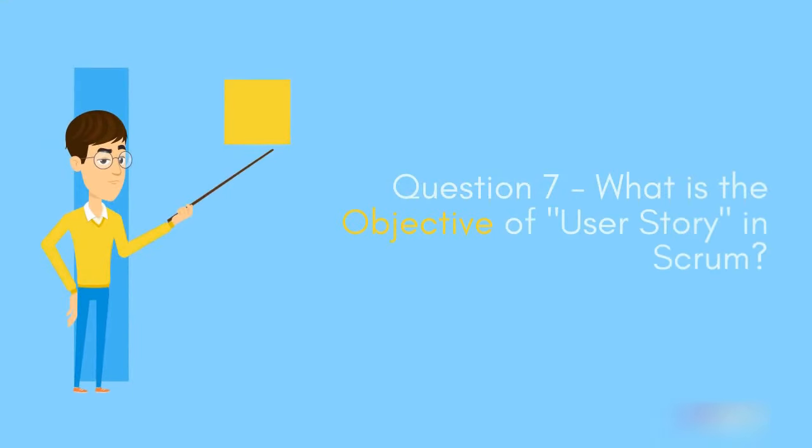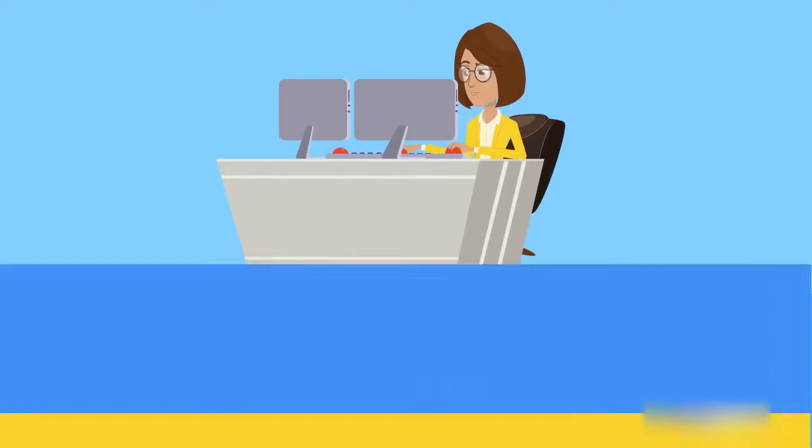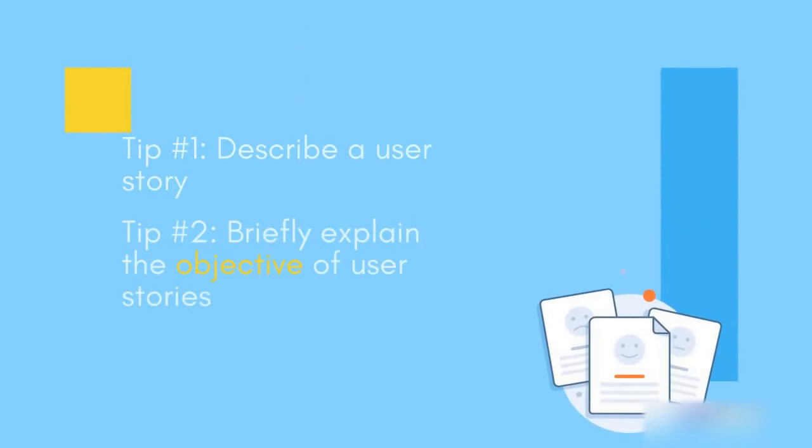Question 7. What is the objective of a user story in Scrum? The interviewer wants to know if you understand user stories and their purpose in Agile software development. Tip number 1, describe a user story. Tip number 2, briefly explain the objective of user stories.